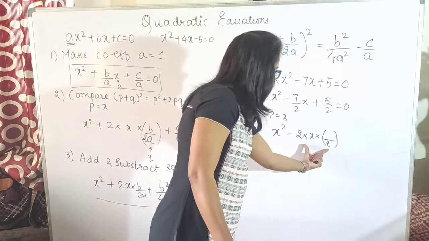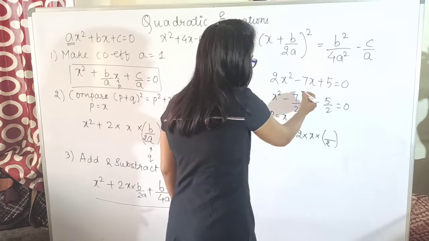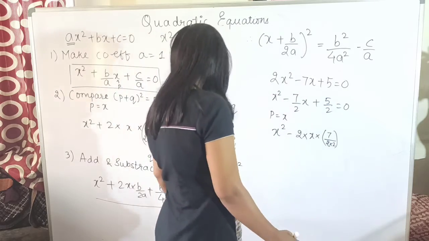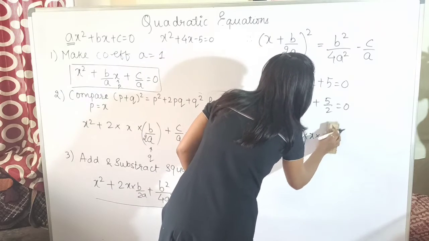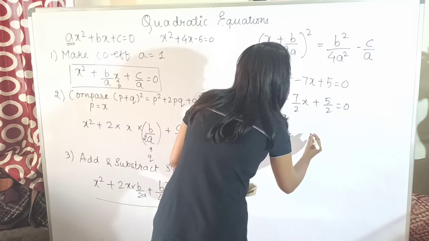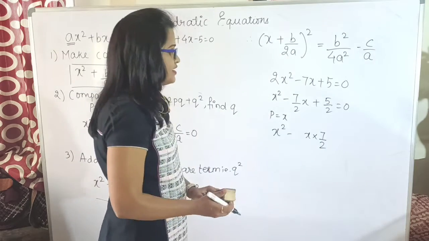Yes, multiply and see, are you getting the same value? No, 7 by 2 part is still remaining, so I will write it. Or you can write it this way also. Let us write down the term as it is. Okay, so x into 7 by 2, right?